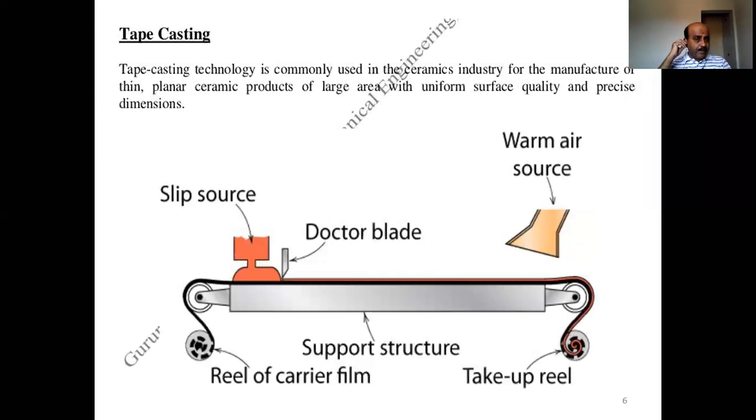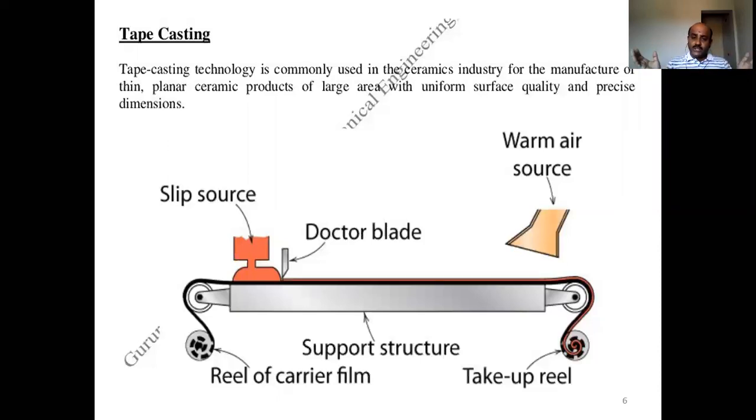The next process is tape casting. Tape casting technology is commonly used in the ceramic industry for the manufacture of thin planar ceramic products of large area with uniform surface quality and precise dimensions.